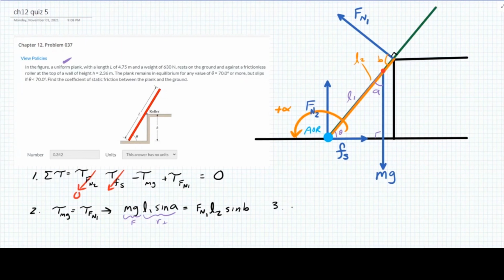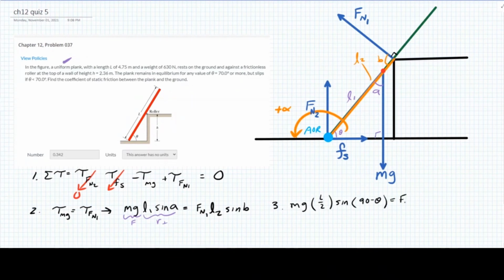mg times L over 2 times sine of 90 minus theta. That's good.